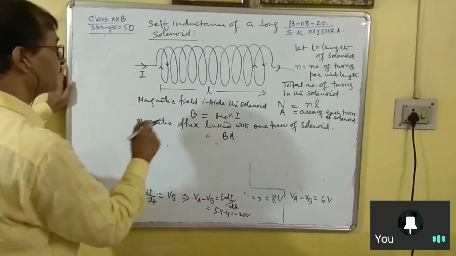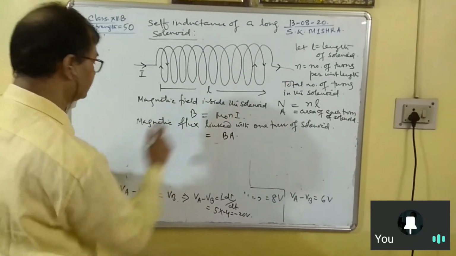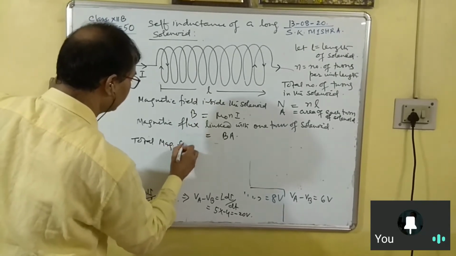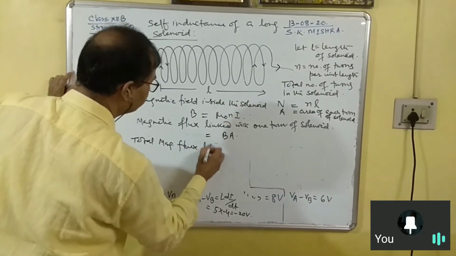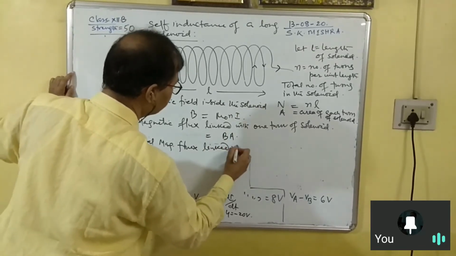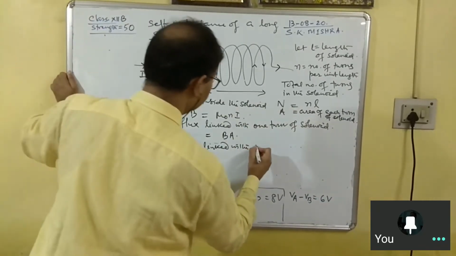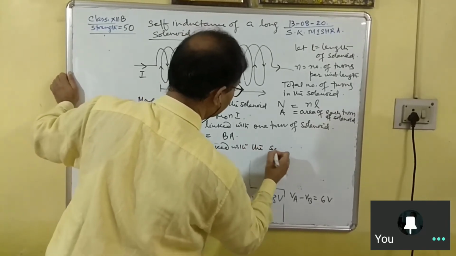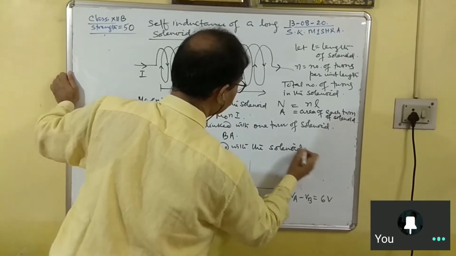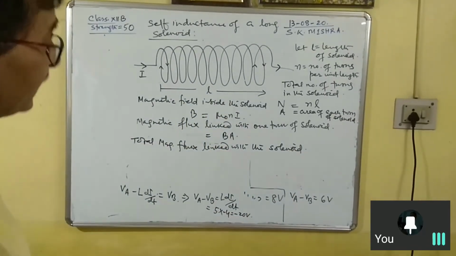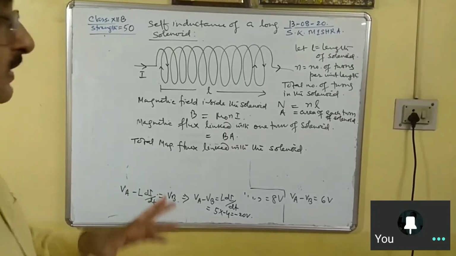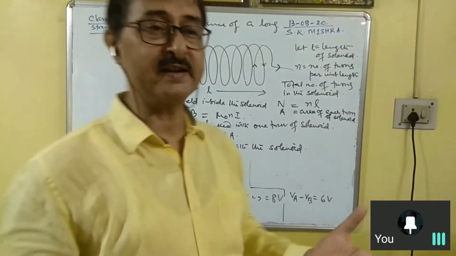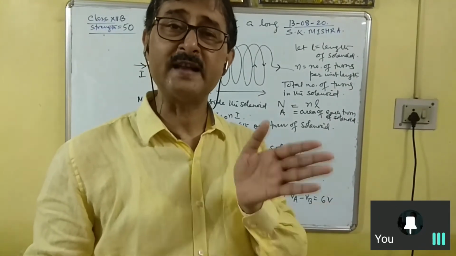And say, if I ask you what is the total magnetic flux linked with the solenoid. We have calculated magnetic flux linked with one turn. Since this solenoid consists of N into L turns, and flux is a scalar quantity, their addition follows the algebraic sum.